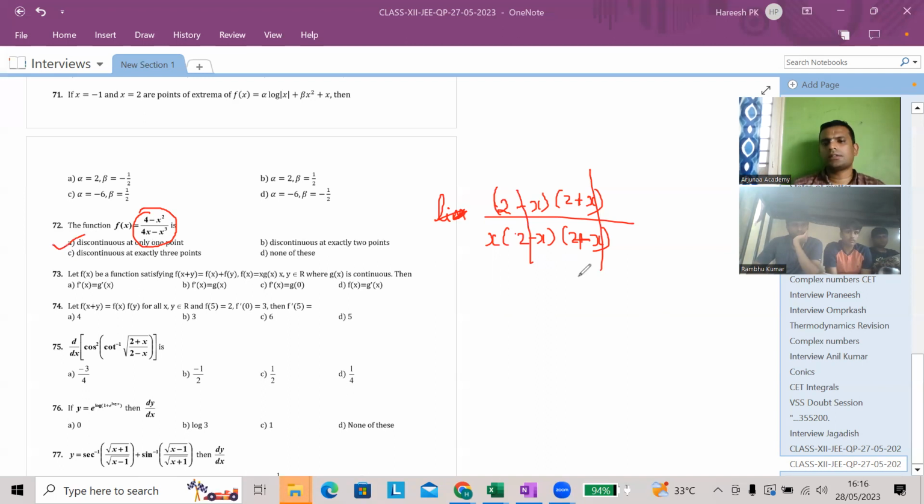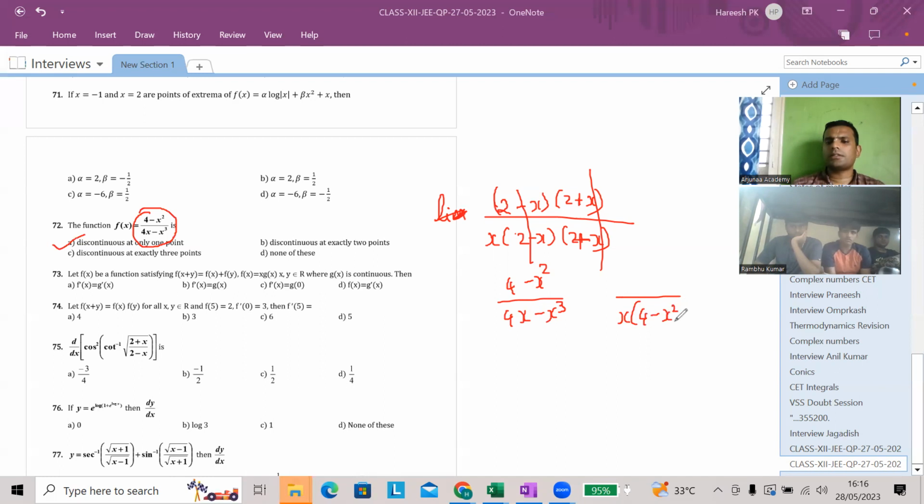The reason is, if you try to take the left hand limit, and right hand limit, what is the meaning?